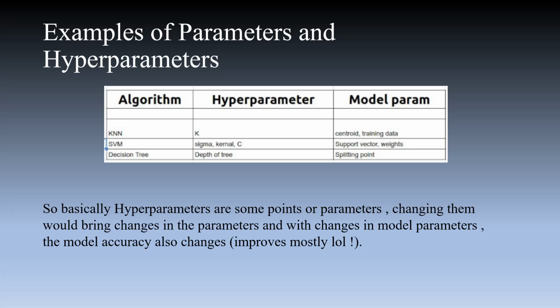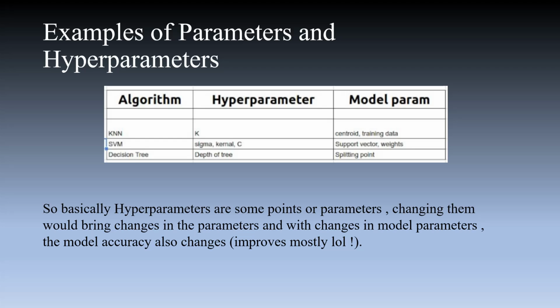Under SVM, support vector machine, there are three hyperparameters: sigma, kernel, and C. They also affect the support vector weights. Then there's the decision tree, where the hyperparameter is the depth of the tree, and the parameter it affects is the splitting point. So these are just examples.